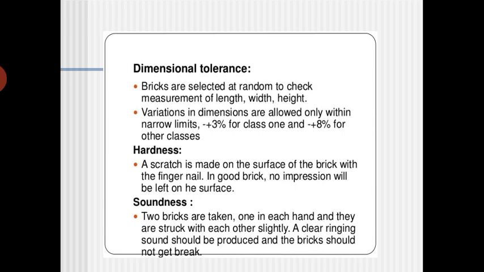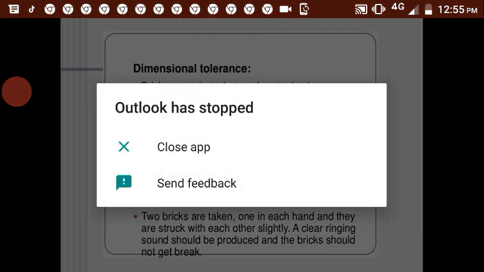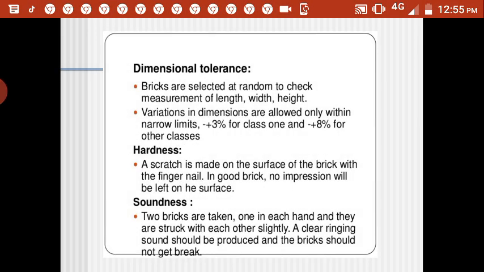So take two bricks, one in the left hand and one in the right hand, and strike them against each other. First, they should not break. Then a clear ringing sound has to come.